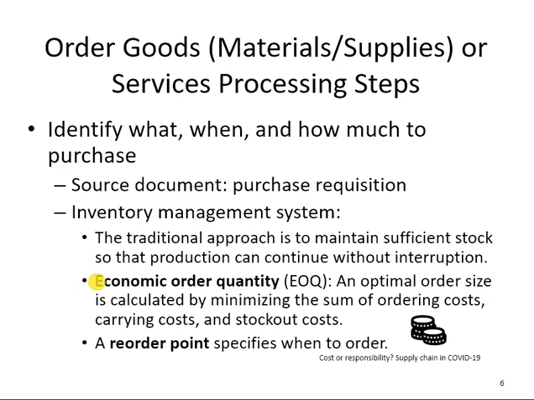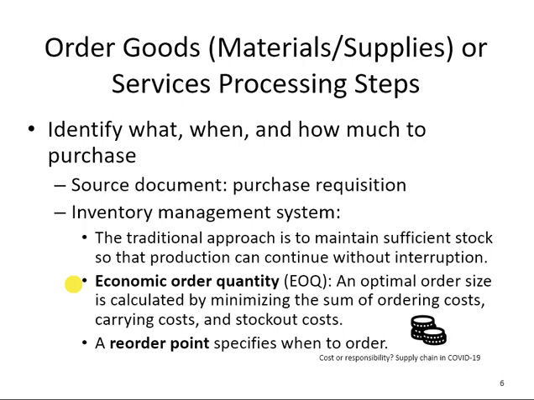Traditionally, we use what is called the economic order quantity approach. In this approach, we're going to find an optimal order size. The optimal order size is calculated by minimizing the sum of ordering costs, carrying costs, and stock out costs. If I carry too little inventory, the carrying cost will be lower, but the stock out cost could be super high.